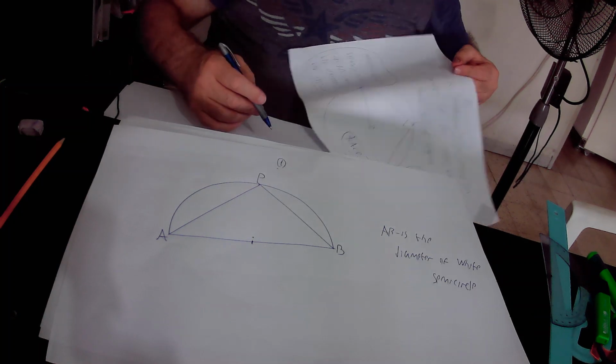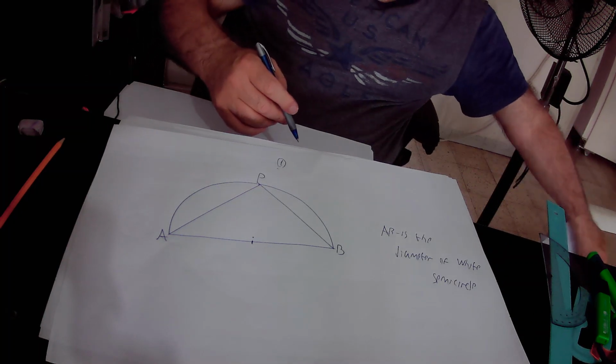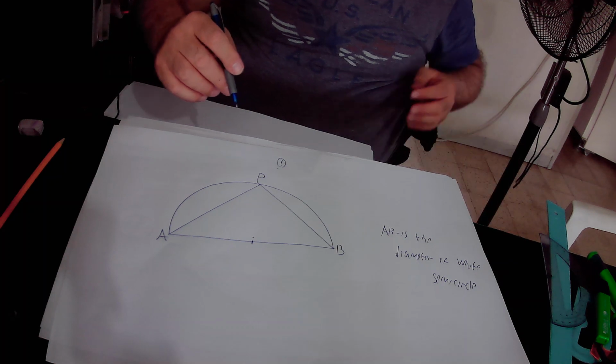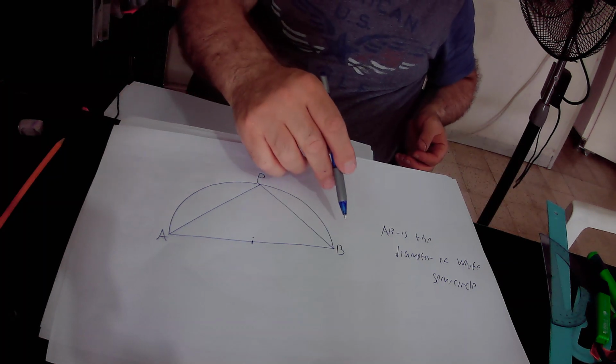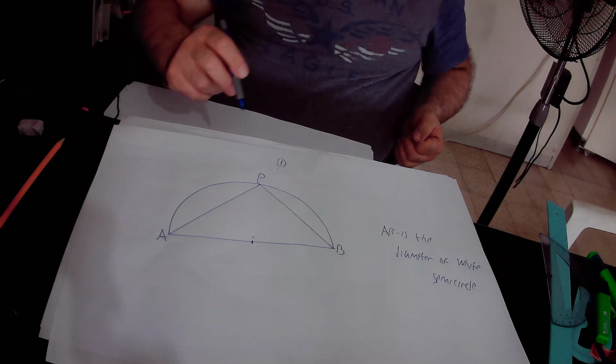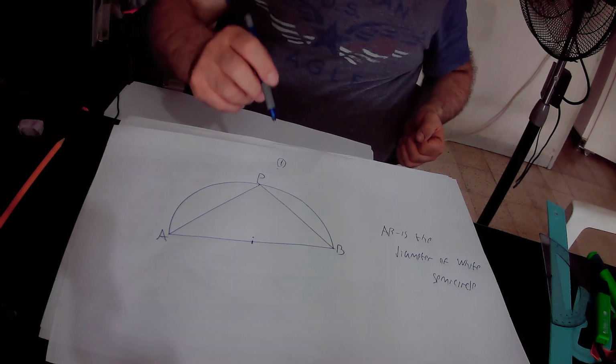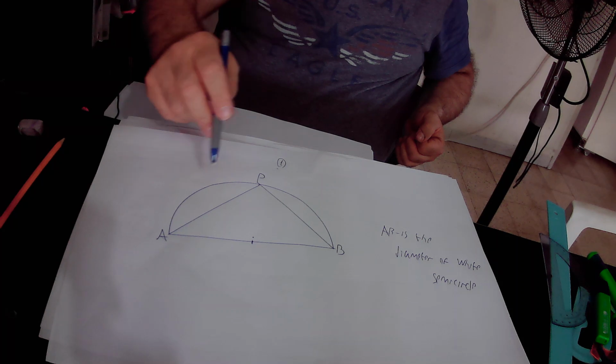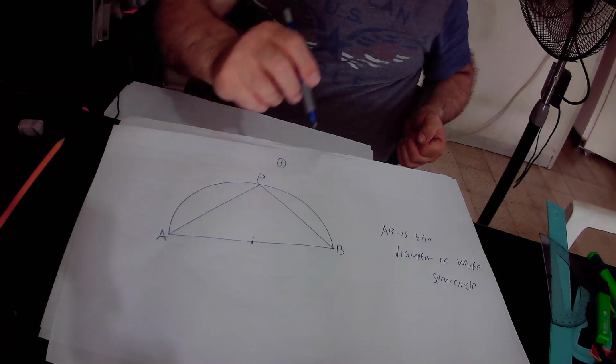So we can implement rule 7 in our drawing. We have peripheral angle APB that is subtended on AB, the diameter of this semicircle, and therefore, according to rule 7, peripheral angle APB equals 90 degrees in its size.